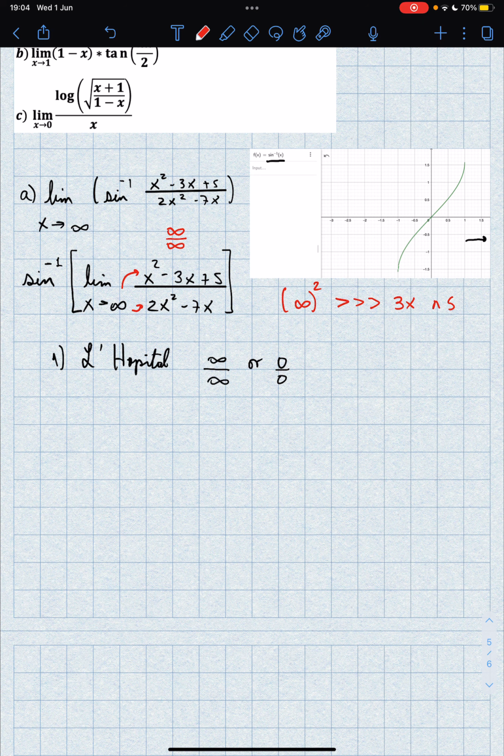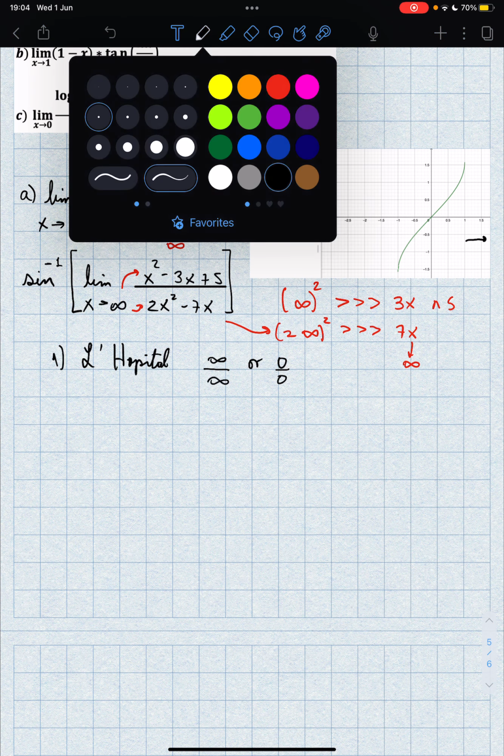Exactly the same with the denominator: 2 multiplied by infinity squared is going to be way bigger than 7x, I mean 7 multiplied by infinity, right? So at the end, you're going to have this one.